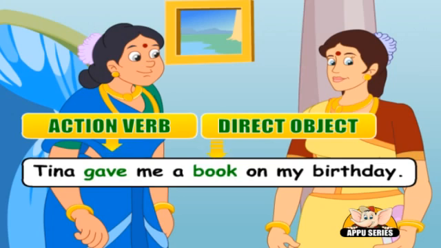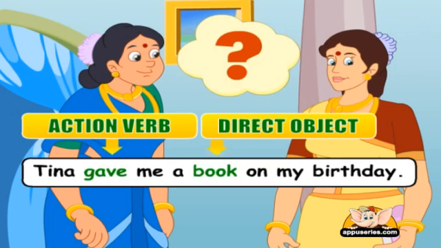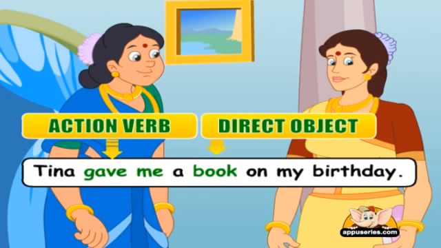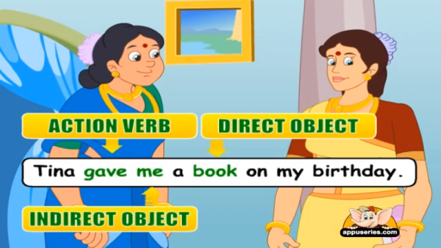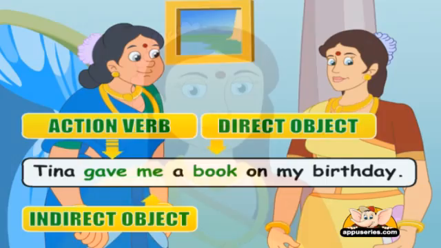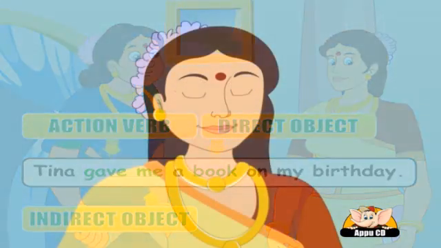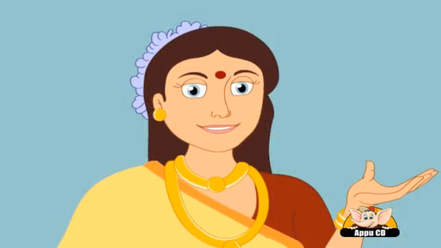To know the indirect object, it will be to whom was the direct object given to? Me. The indirect object would be me. I hope this makes it clear. So, we see that there can be no sentence in English without a verb.